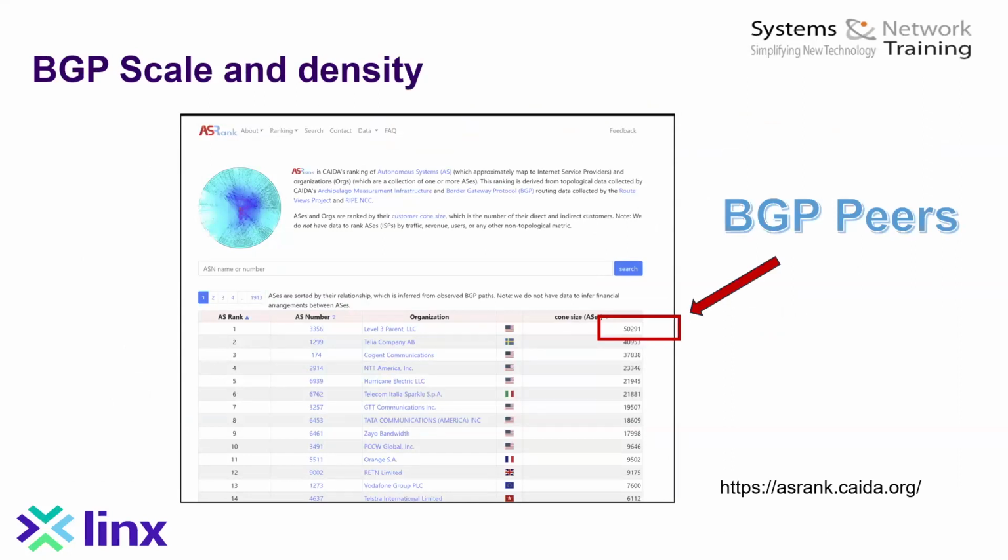There is this organization called CAIDA, which used their own Archipelago measurement infrastructure, as well as route collectors from the RouteViews project and RIPE NCC, to look at the top BGP peering ISPs across the globe.